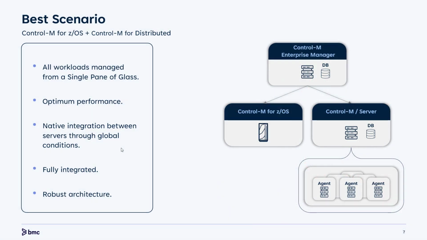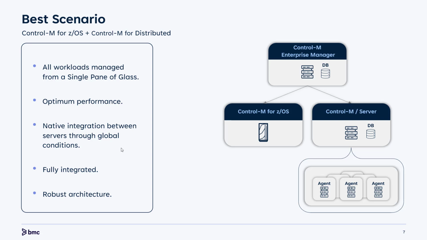Of course, your first option should be having Control-M for mainframe plus Control-M for distributed. This is the best scenario. Why? Because all your workloads will be managed from a single pane of glass. You will get optimum performance of the platform. You will also get native integration between servers through global conditions.